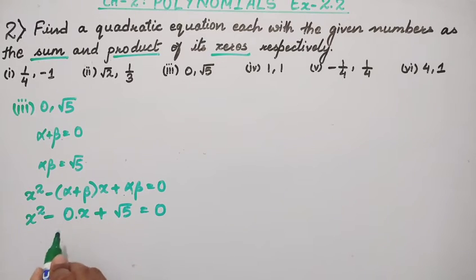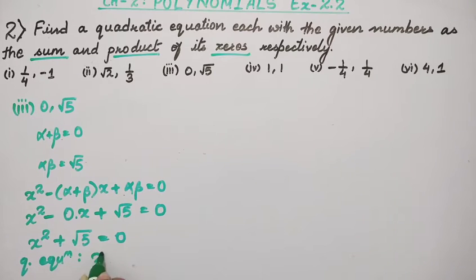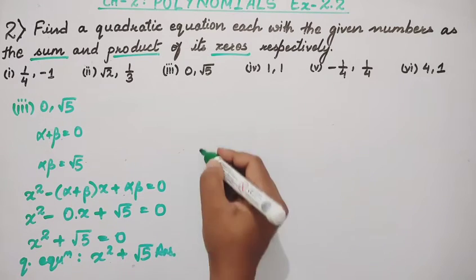Since this part is multiplied with 0, we can omit it. x square plus root 5 equals 0. So your quadratic equation is x square plus root 5, which is your answer.